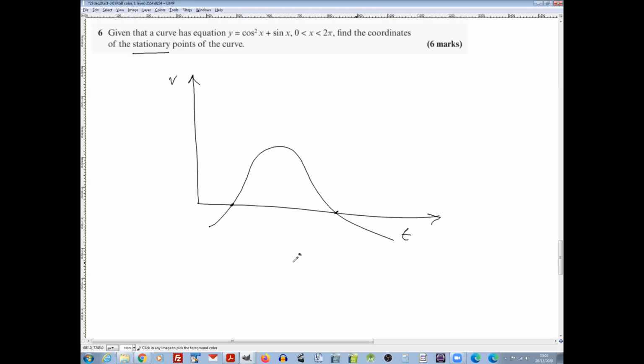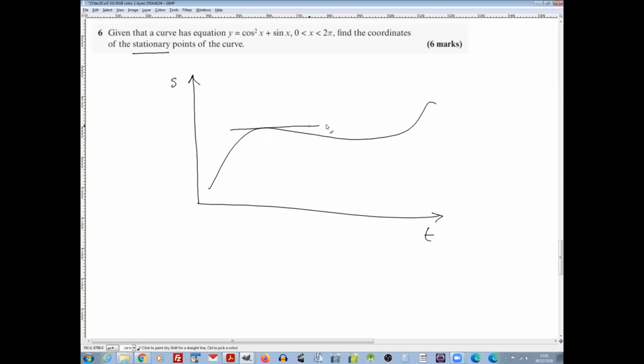But that's worth contrasting with the situation where this is a distance or displacement time graph. Here is the stationary point, the turning point. That's where the particle is stationary, isn't it? So turning point equals stationary point.